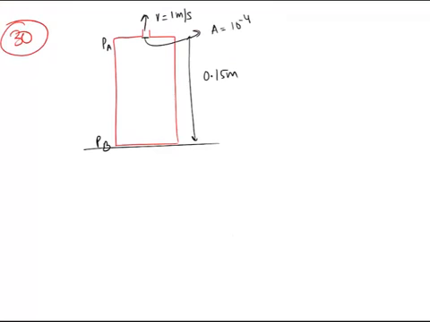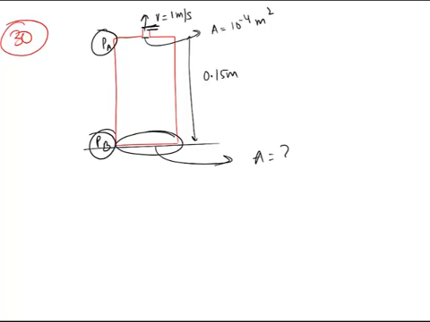So we have reached the final question. This question says water from a tap at the end of the horizontal pipe. So let's say this is horizontal pipe. Emerges at an initial speed of 1 meter per second. The cross-sectional area of tap is 10 to the power minus 4 meters square. Assume that the pressure is constant throughout the stream. That is, pressure here PA is equal to PB. Then you have to find 1.5 meter below what is the cross-sectional area here.